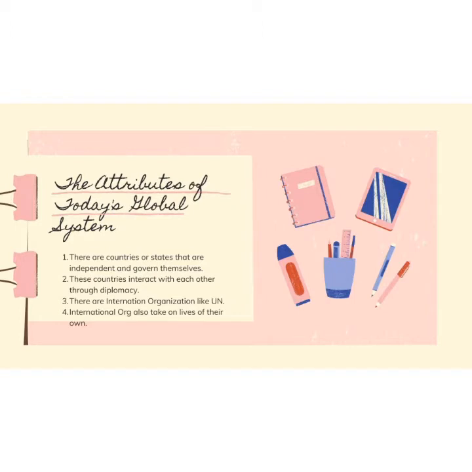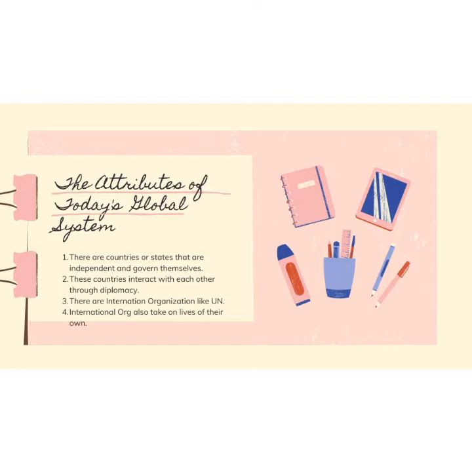World politics today has 4 key attributes. First, there are countries or states that are independent and govern themselves. Second, these countries interact with each other through diplomacy. Third, there are international organizations like the United Nations that facilitate these interactions.